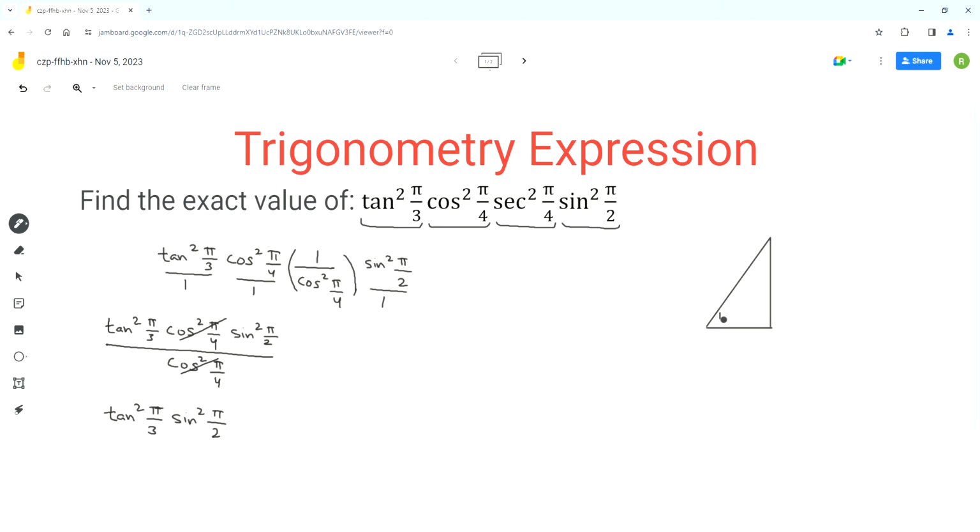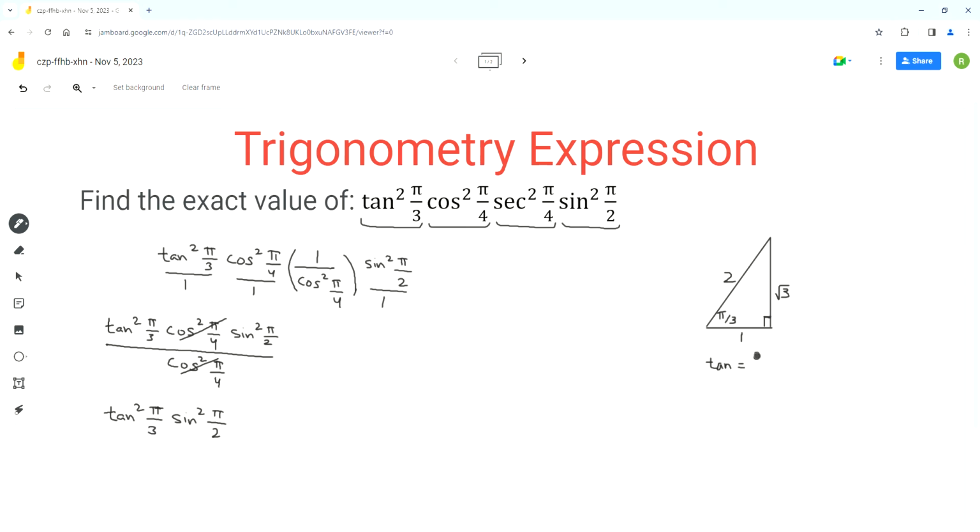So this is pi over 3. And then there's a right angle triangle. And the side lengths can be labeled as 1, square root of 3, and 2.